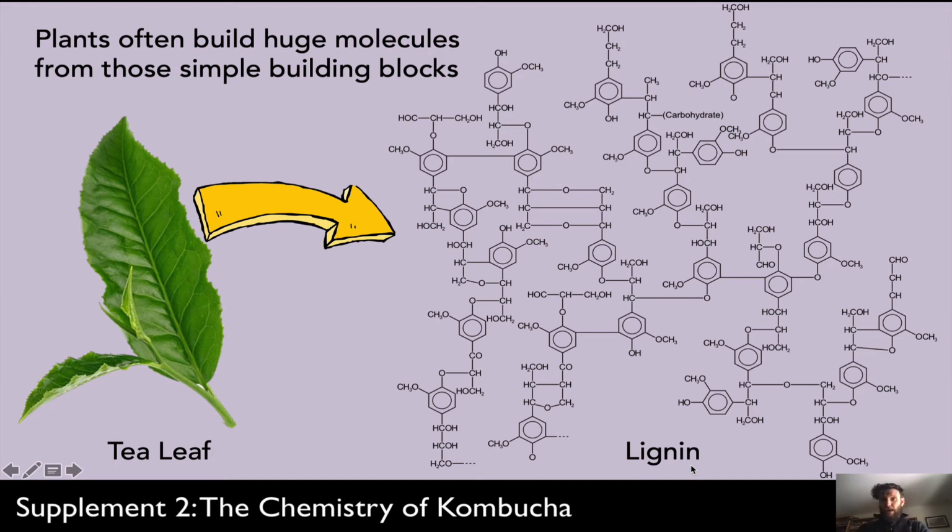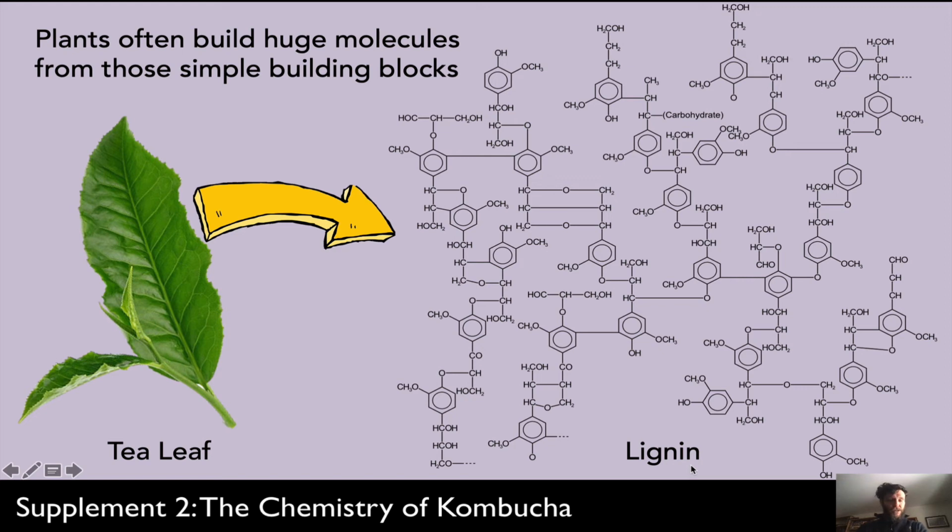You'll see aromatic molecules all over the place. This giant molecule is actually just a fragment of a far larger continuum that looks much the same, called lignin. Lignin is one of the structural components that you find in plant material, particularly leaves. And you certainly find lignin in a tea leaf.